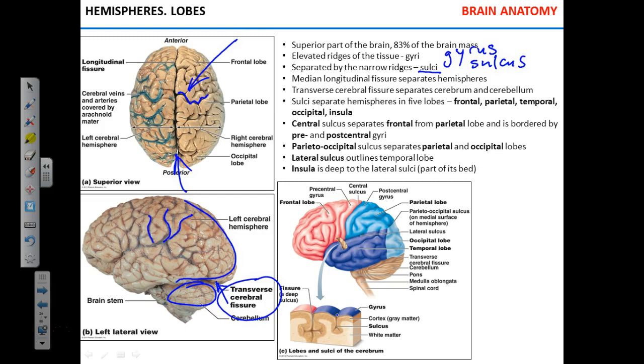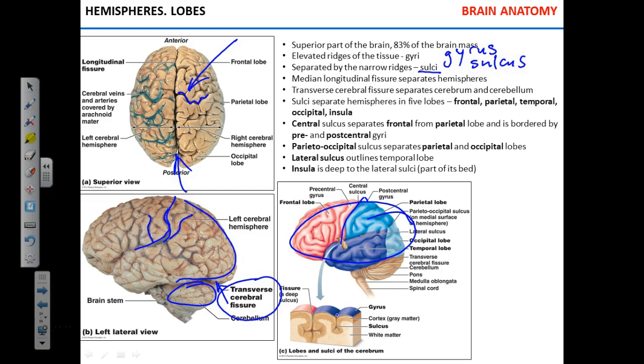Median and transverse fissures, median longitudinal and transverse cerebral, and finally lobes. So the brain is separated into 5 lobes. I'm not a neurosurgeon, so I won't be able to show you on every brain sample that you will ask, the central sulcus. It's probably right here, central sulcus, okay?